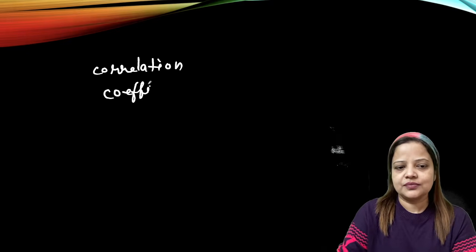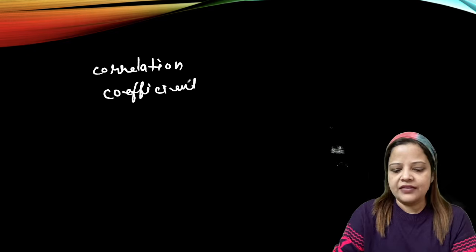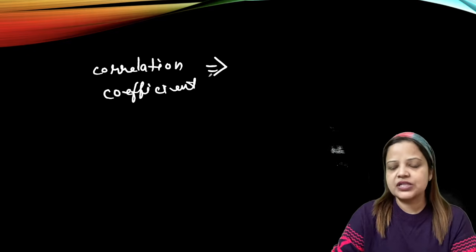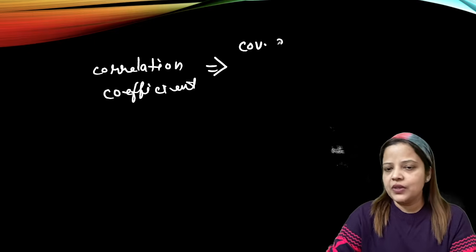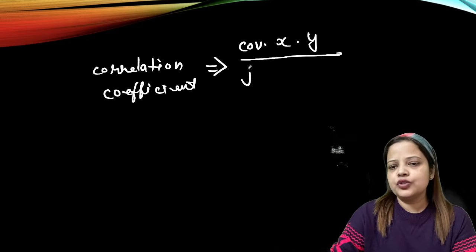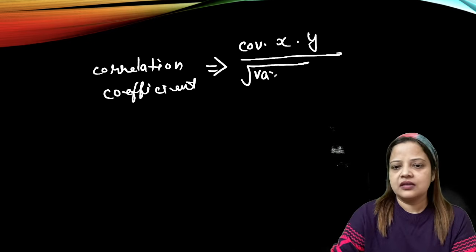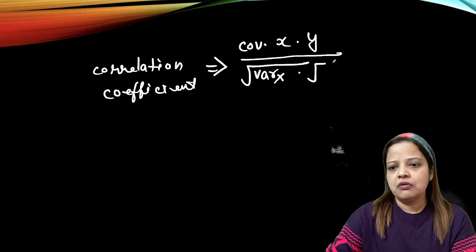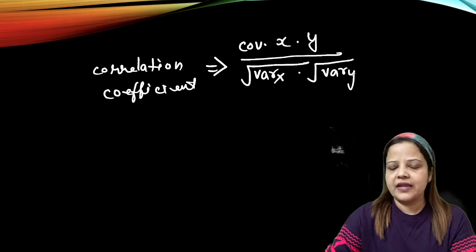The formula of correlation is the Karl Pearson correlation coefficient. The formula of Karl Pearson's correlation coefficient is the covariance of variable x and variable y divided by the square root of the variance of x into the variance of y.